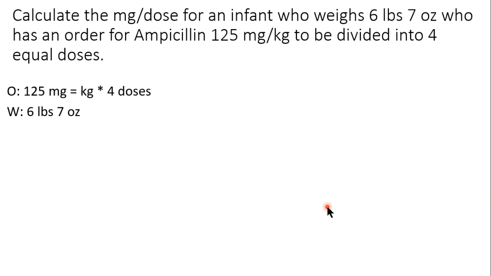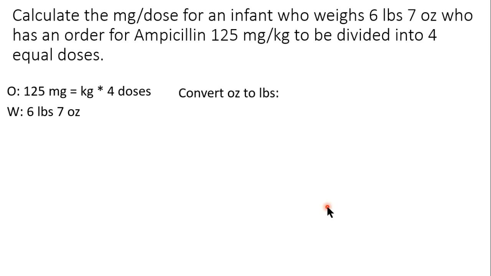Now, we are looking for the milligrams per dose for the infant, but our weight is given to us in 2 different units, in pounds and in ounces. So first we have to convert it all to just one single number. So we convert first the ounces to pounds.